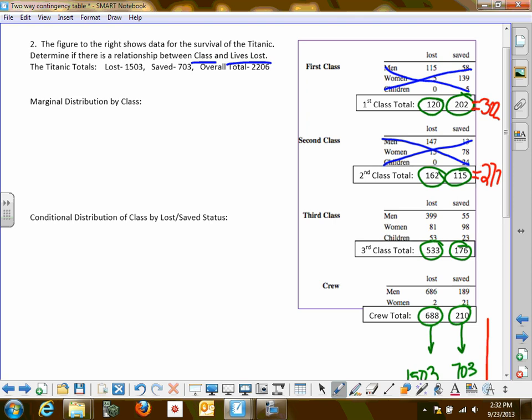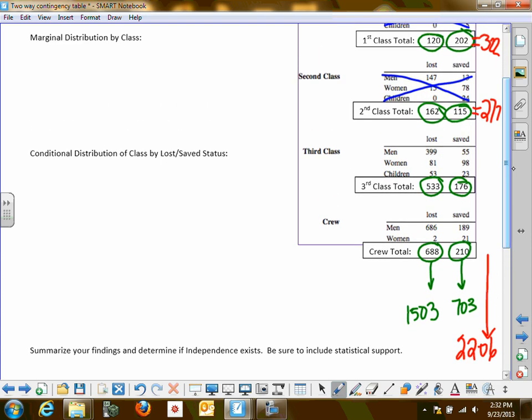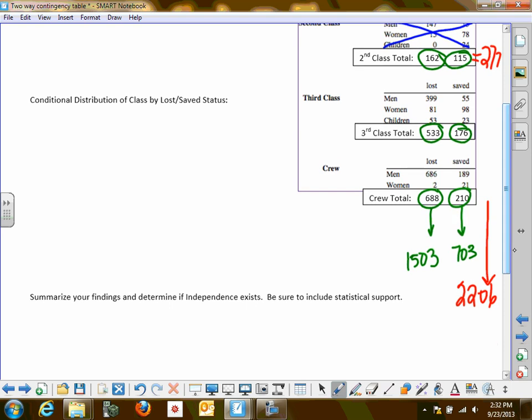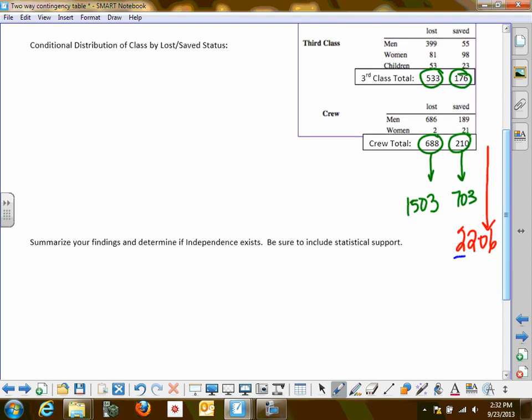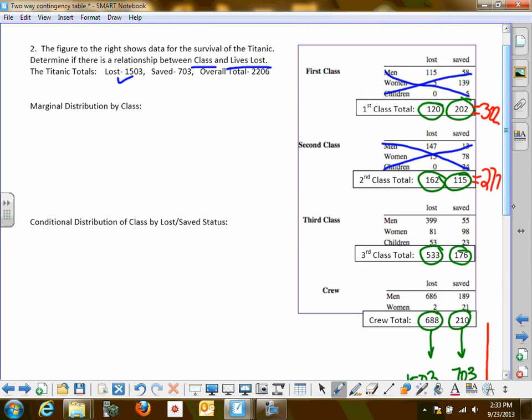Okay, so I gave you some information here. The total of the lost column is 1503. So if you go down here, the total of all of those numbers in the lost column are 1503. The total of all of those summarized classes in the saved column is 703. The total for the ship was 2206. So, my first question is, how would you find the marginal distribution by class? Good.